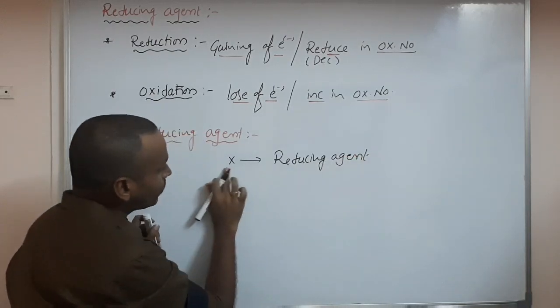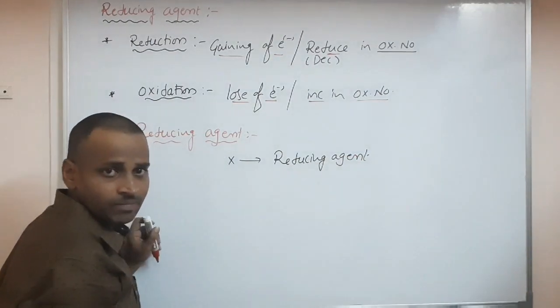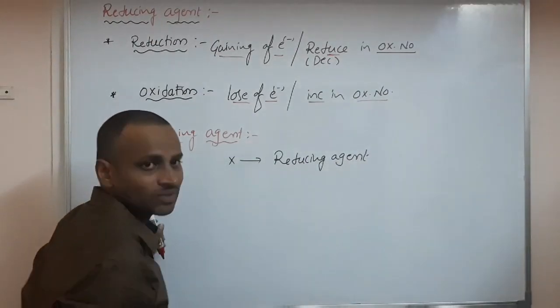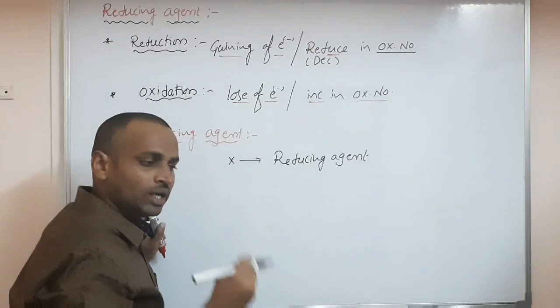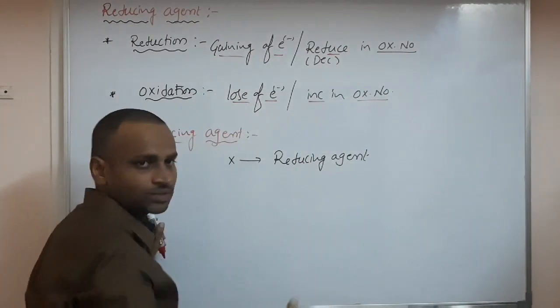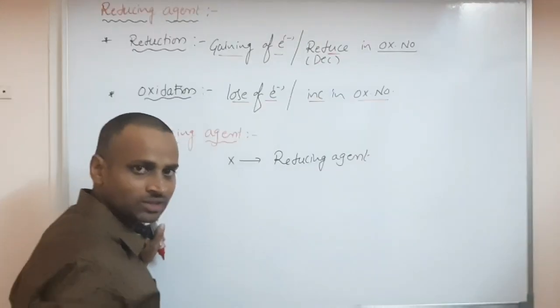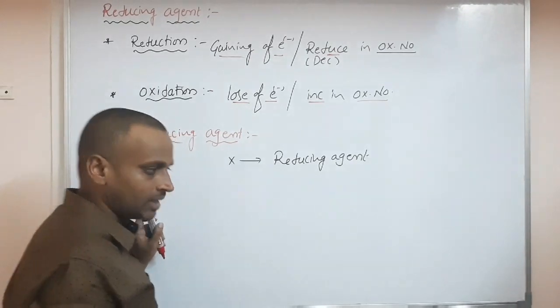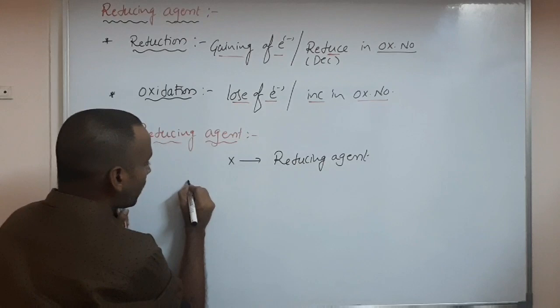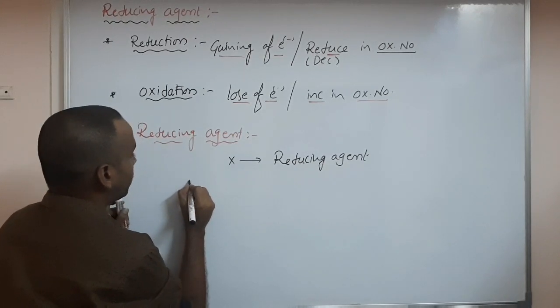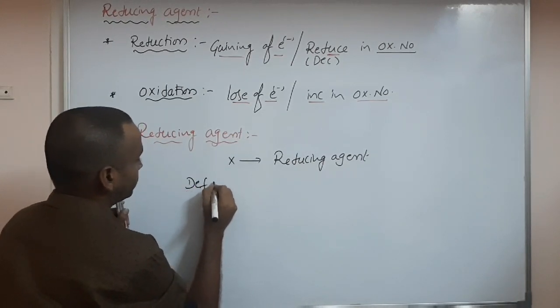What is the duty of this Mr. X? Suppose this X is Girisar only. So Girisar is a reducing agent, and he has to reduce others. An agent works for others, or not? Tell me. Now I will give you the most important definition.